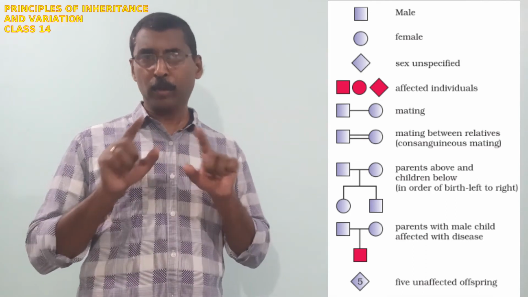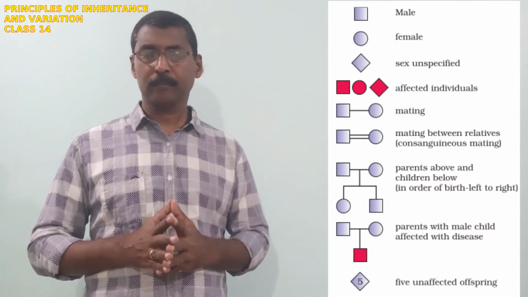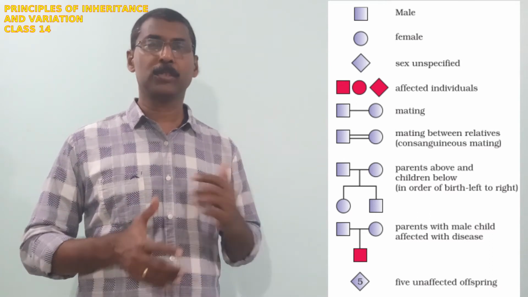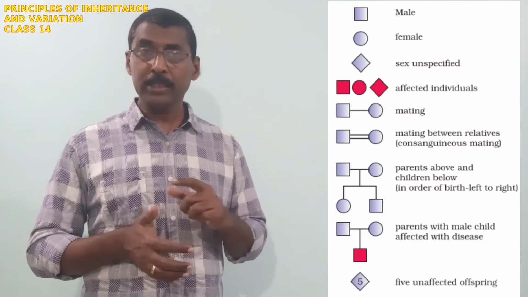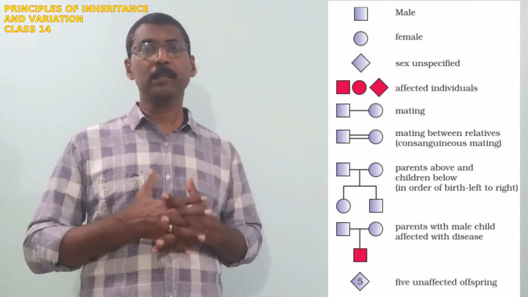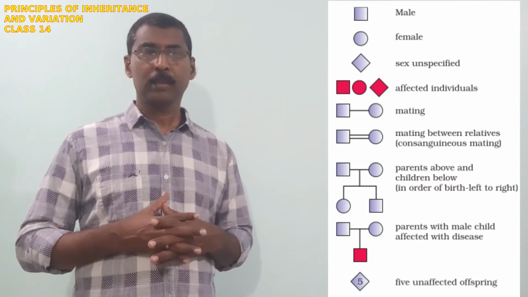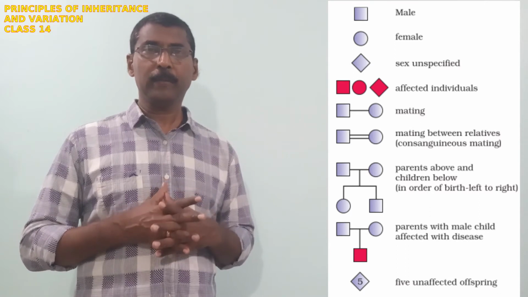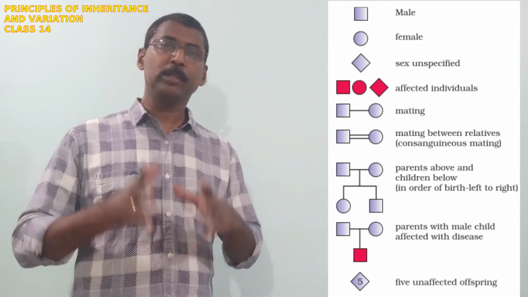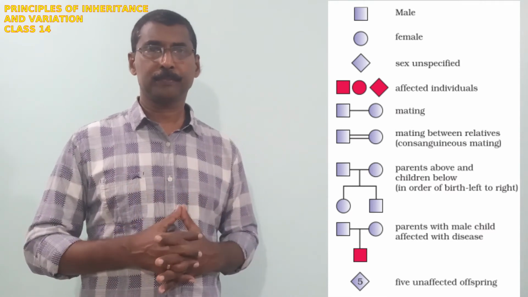A shaded square represents a male affected with a genetic disorder. A shaded circle shows a female affected with a genetic disorder. So, in this way, individuals are represented in a pedigree analysis.